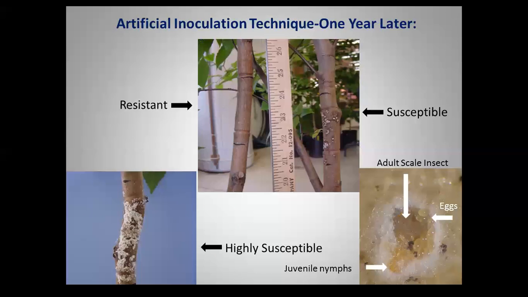Those that are maybe more tolerant or just slightly susceptible support a lower level population, and then there are those where the scale just completely takes off. And in the bottom right, this is a picture of an adult that was pulled off with the pad. You can also see how she's secreting that waxy substance around her and laying her eggs right into that.